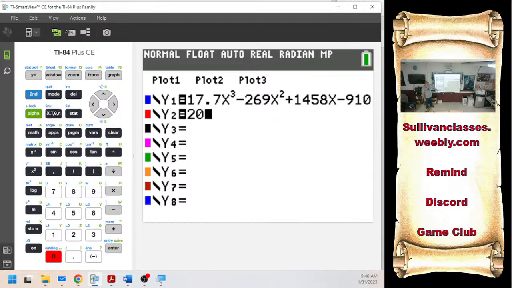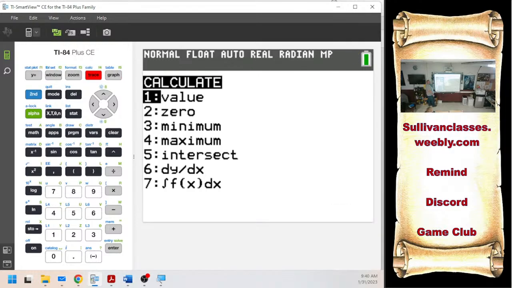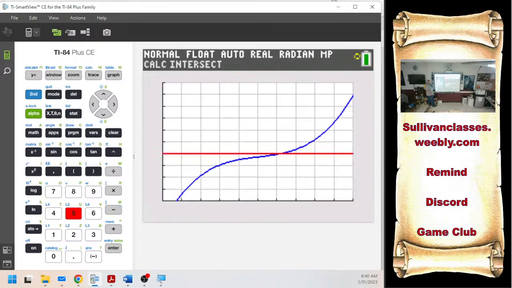I plug in 2,000 into y2, and now my graph is going to say 2,000 hits my graph, and I can go calculate my intersection. As long as it's on the two different graphs, it doesn't actually matter where the cursor is. Here, and guess, I don't care, tell me the answer.